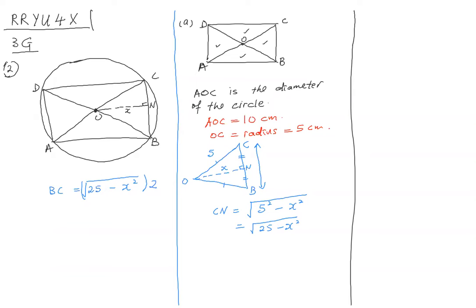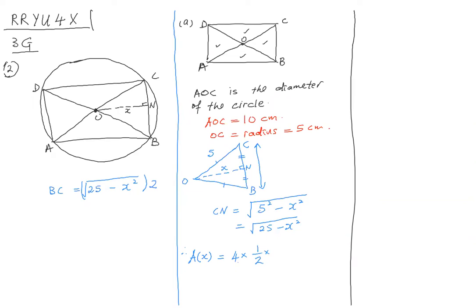Therefore, the area of the rectangle ABCD will be equal to 4 times the area of triangle OBC.